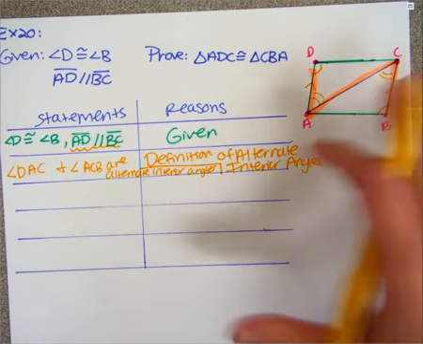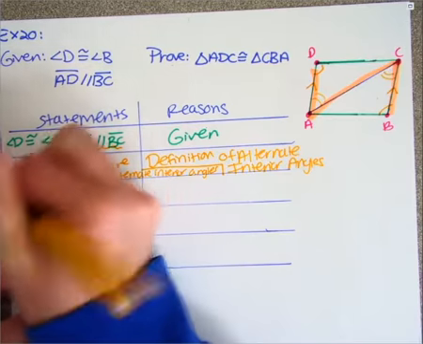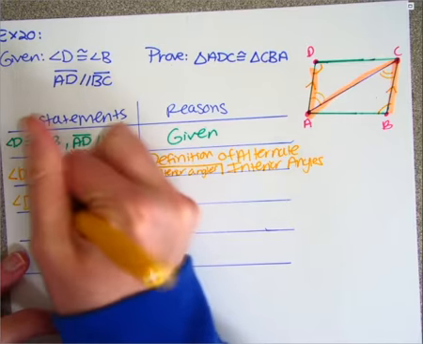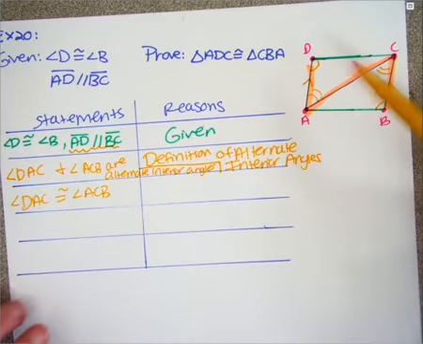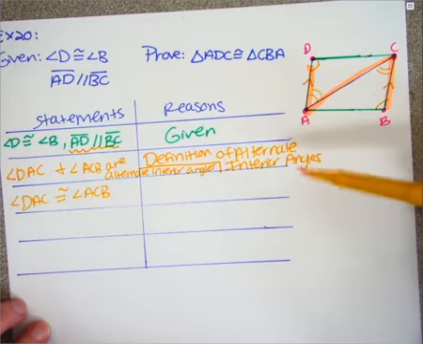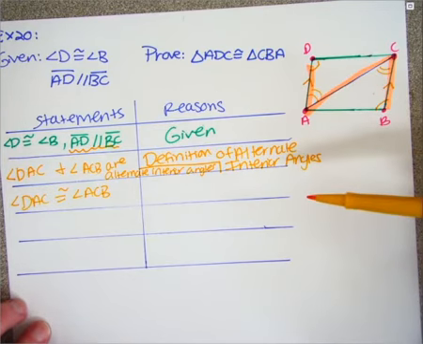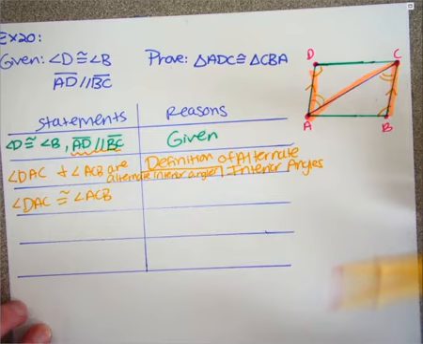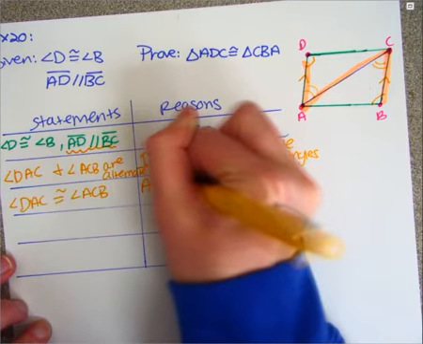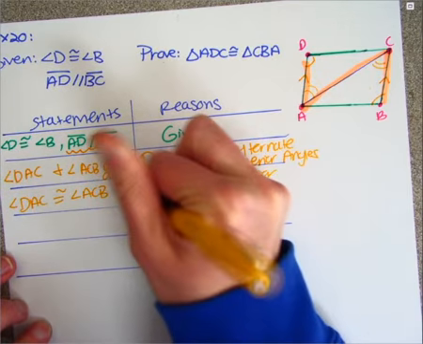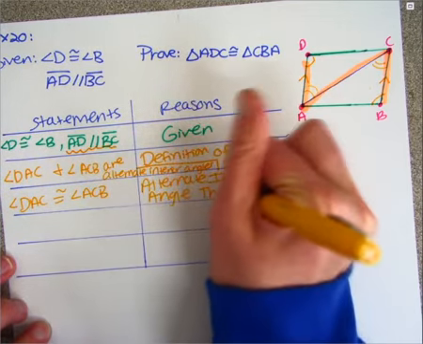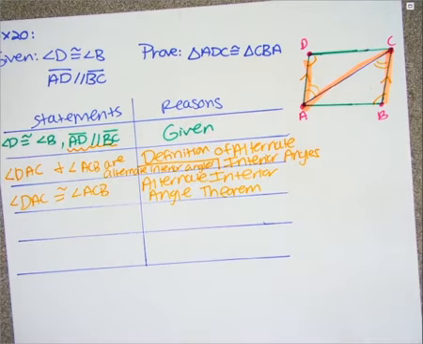So I'm going to say angle DAC is congruent to angle ACB. And how do I know that? Well, I'm applying the alternate interior angle definition, which means I'm using a theorem. So this would be the alternate interior angle theorem. The alternate interior angle theorem says that alternate interior angles are congruent.